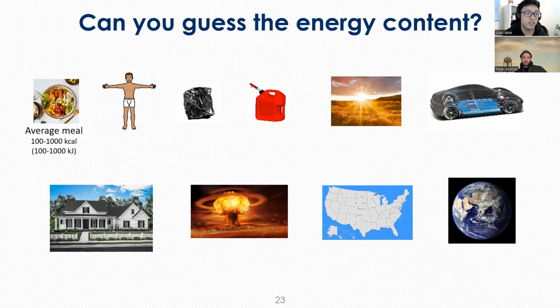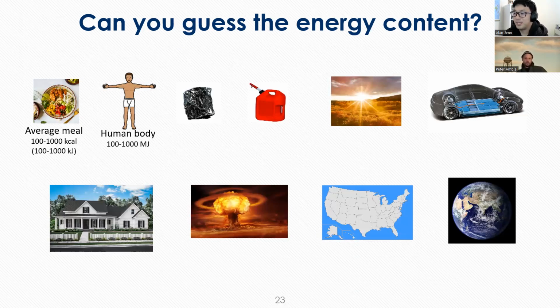You're probably thinking about 100 to 1,000 calories. Again, kilocalories, on the order of magnitude, which is equivalent to 100 to 1,000 kilojoules. The human body contains about 1,000 times more, so 100 to 1,000 megajoules.